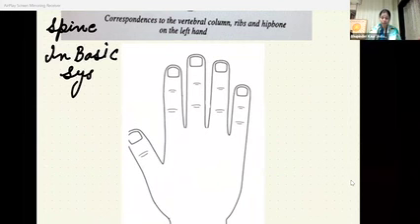Now, you all know that the hand represents the full body. And this is the back view. We have discussed the yin and yang concept. Front is yin and back is yang. So the spine part, we have to see on the yang hand. This thumb represents the head, the middle two fingers the legs, and the side two fingers the arms.